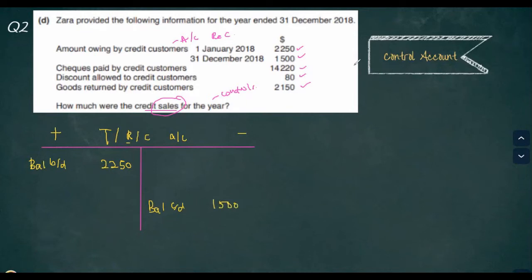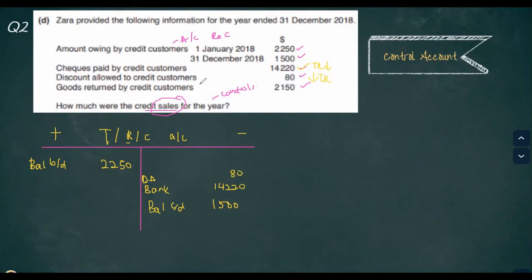Now cheques paid by credit customers, the trade receivable is decreasing, so it should be here. Bank is 14,220. Then we have discount allowed. Discount allowed is also on the credit side because it decreases the trade receivable amount, which is 80.